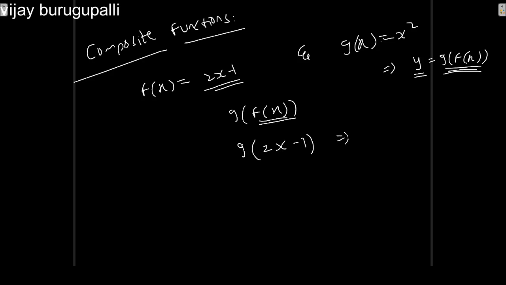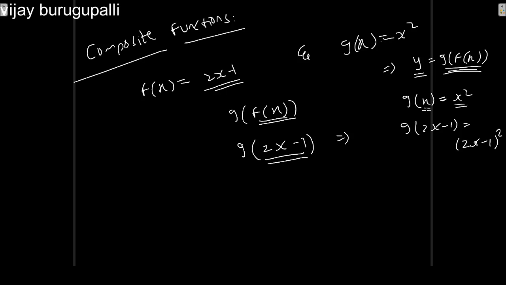For every value of x, you will get the value of g of x as x square. Now here x is replaced with 2x minus 1. That means the value of the g of x function will become 2x minus 1 whole square, because for every value of x, the value of g of x is x square.